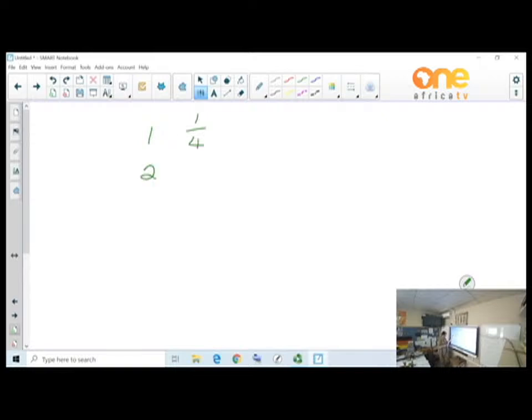Number 2, what will that shaded area be? 1 out of 8. Because can you see that a parallelogram, 2 triangles forms a parallelogram? So that's why it's a half of this one.